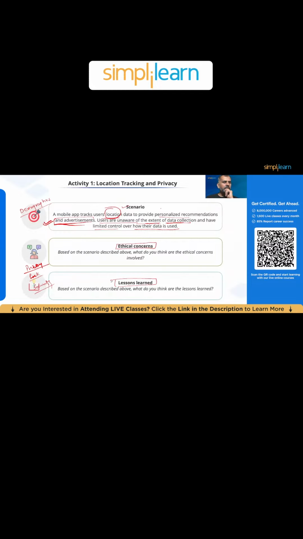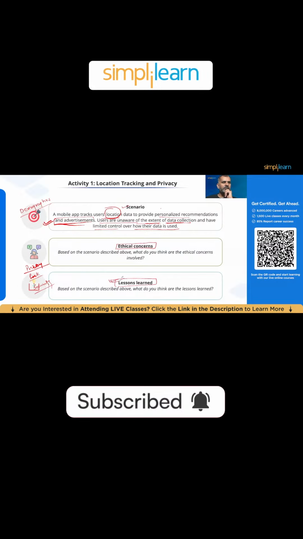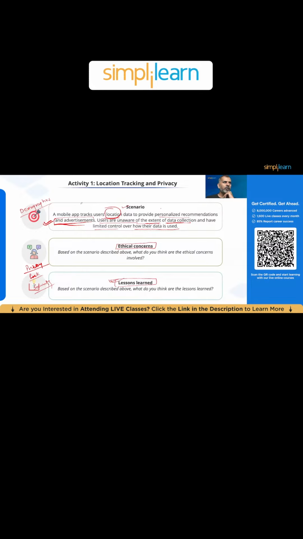Okay, so with that, what do you think? If these are the concerns, what are the lessons learned from this scenario? What do we need to introduce in our organization, in our application process? Very first, we need to put a very clear-cut transparency policy that tells that we are collecting this amount of data from you, and this data will be used for that purpose only.